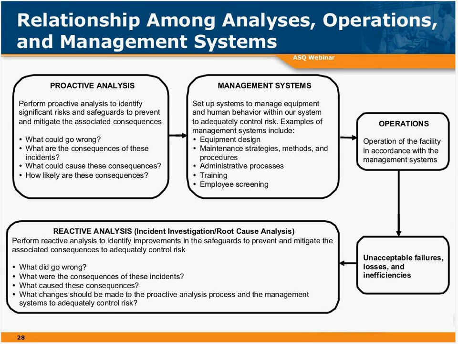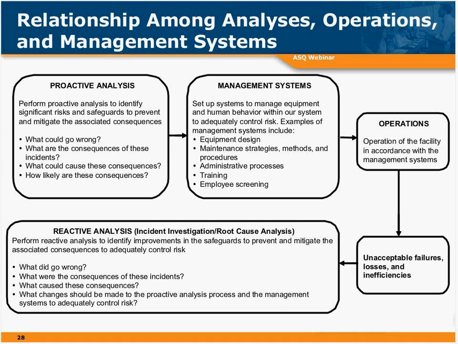Because we want to find improvements in the safeguards to prevent and mitigate the associated consequences to adequately control the risk, so that safety is assured for our employees and the public, and that we produce a high-quality product. Ask ourselves some questions. What went wrong? What are the key points of the incidents? What consequences? And what should be made?